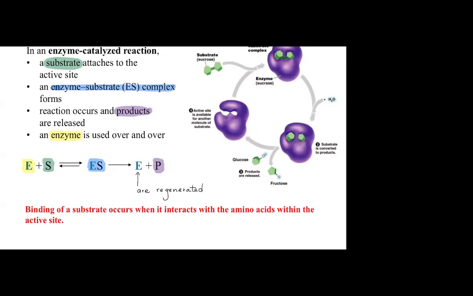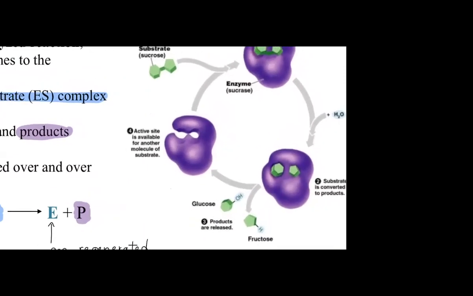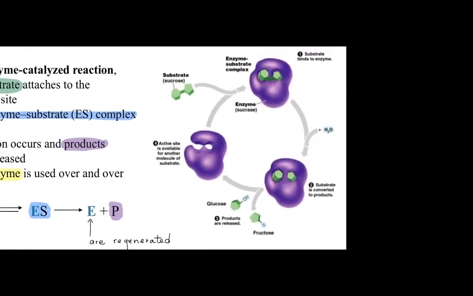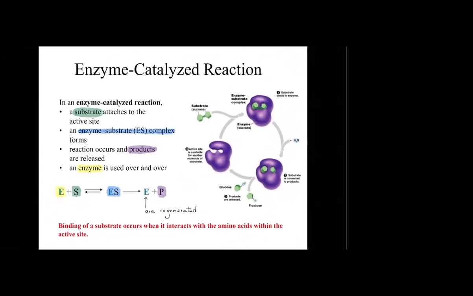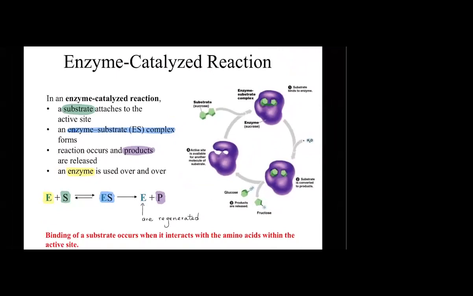And in the image that we have here on the right side, we can see the whole process of an enzyme catalyzed reaction. This reaction is how sucrase comes together with sucrose to make fructose and glucose. So if I write this reaction, it's going to be in the following way.